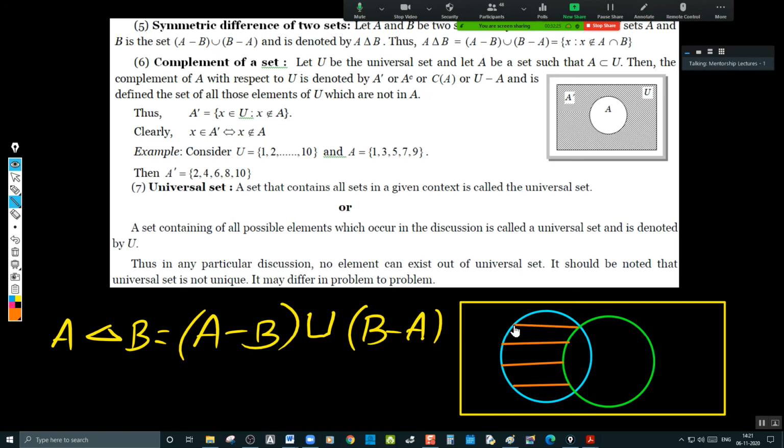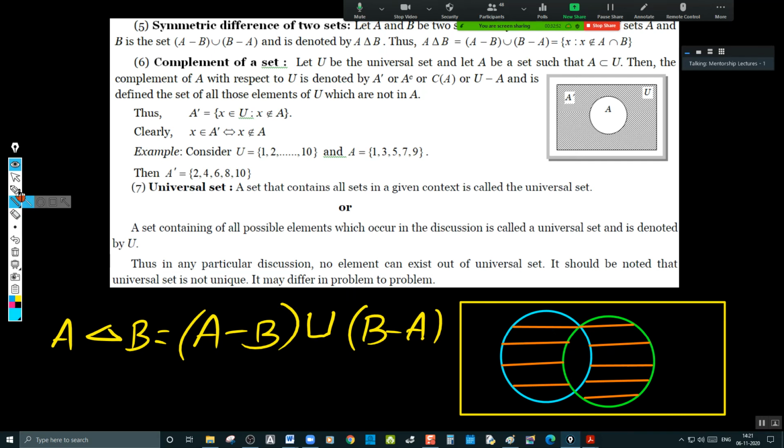If I say the entire blue circle is set A and the entire green circle is set B, then the symmetric difference is denoted by this brown shaded region, in which you don't have the intersection.